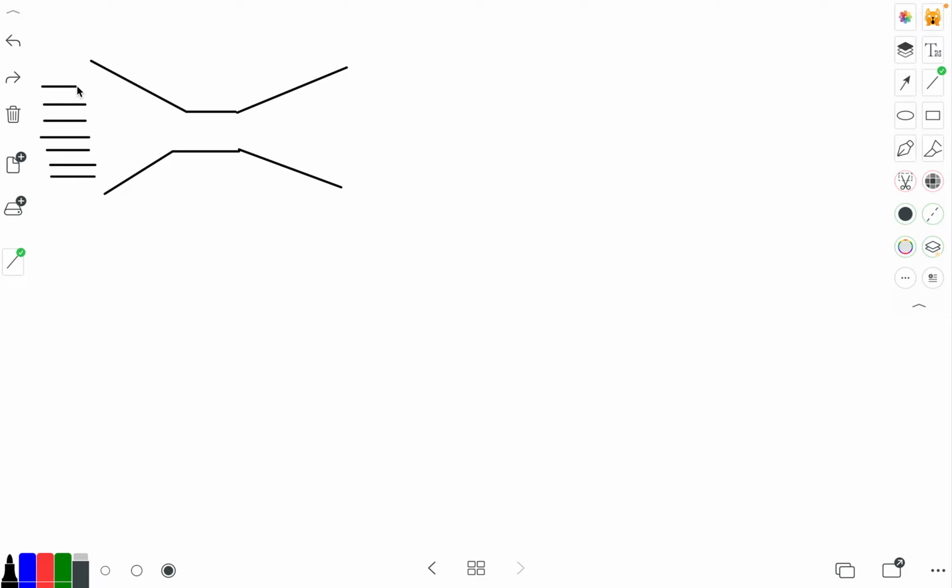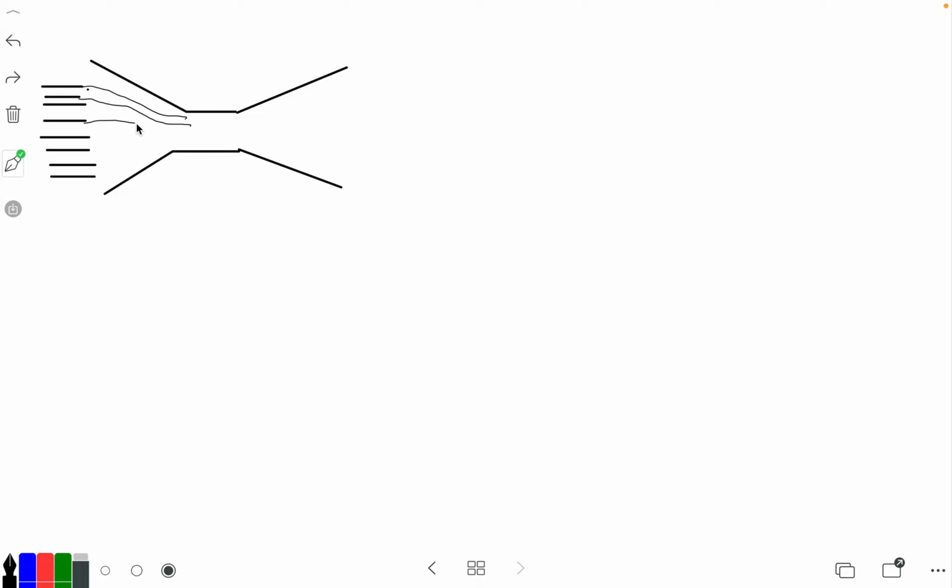I suppose we are going to need this for next questions. As you can see here, inside the throat the lines will diverge in order to keep the mass flow constant according to Bernoulli's theorem.